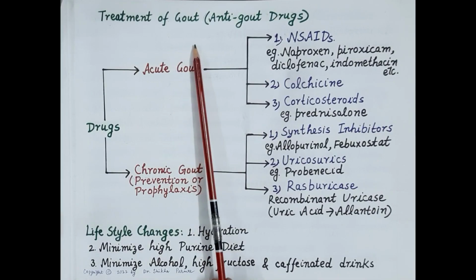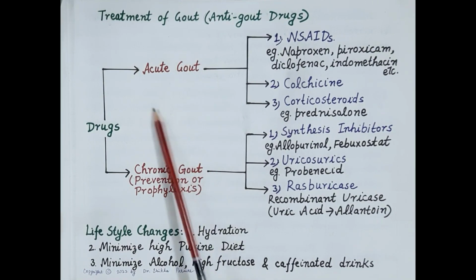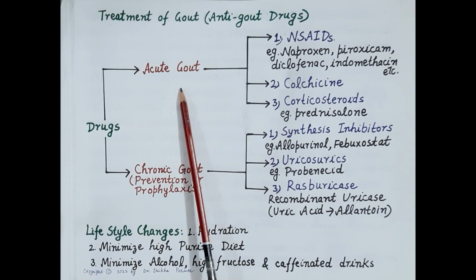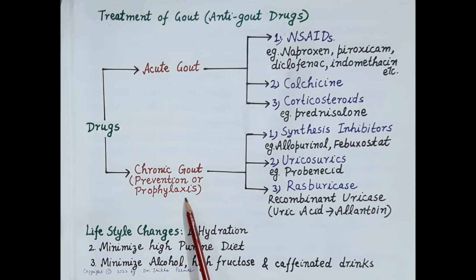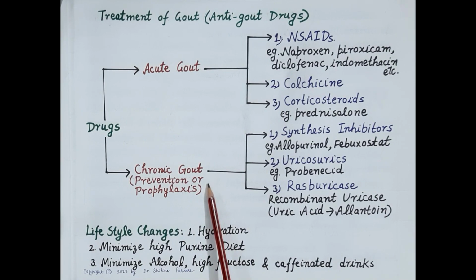So now let's discuss treatment of gout. Now there are two aspects of treatment: managing an acute attack. Here the main goal of therapy is to reduce pain and inflammation of joints. And second is the prevention or prophylaxis of chronic gout. Now chronic gout is treated by reducing concentration of uric acid in the blood.